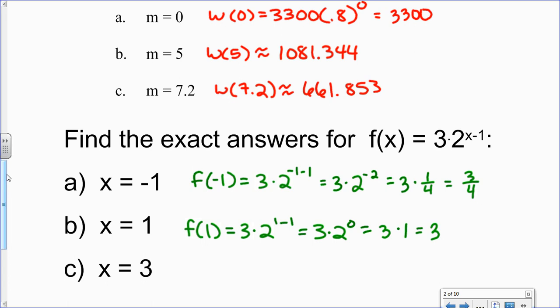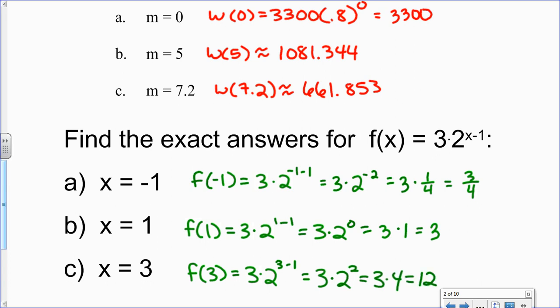Okay, do the last one. So you get 3 times 2 squared, so 3 times 4, should have gotten 12.